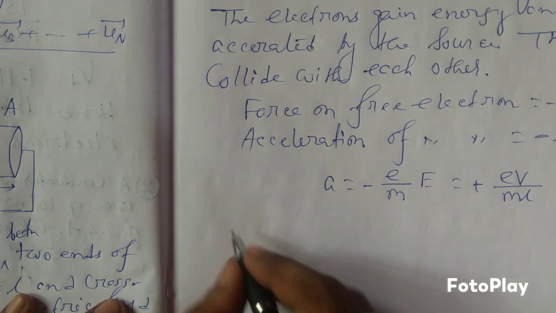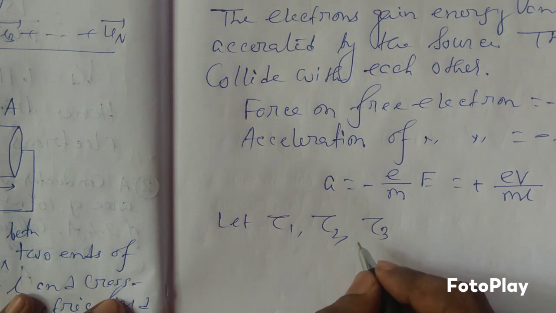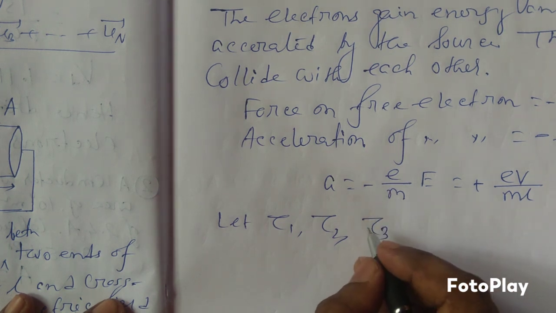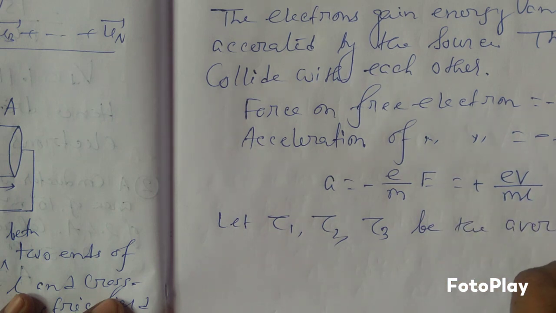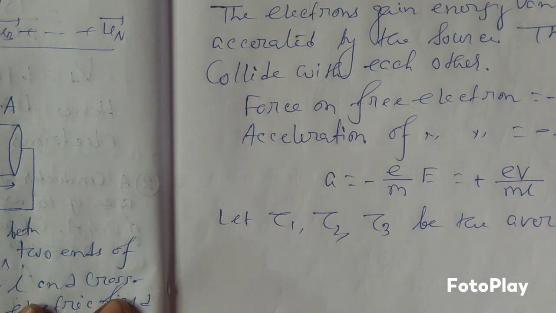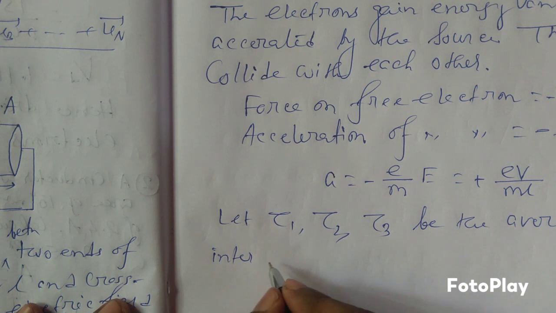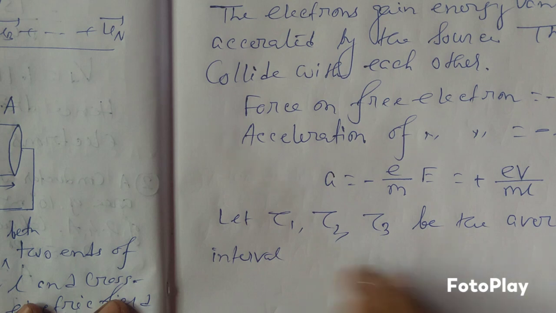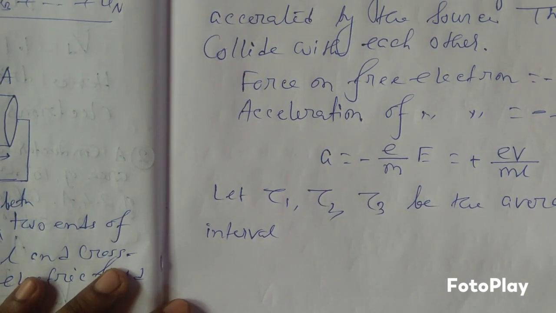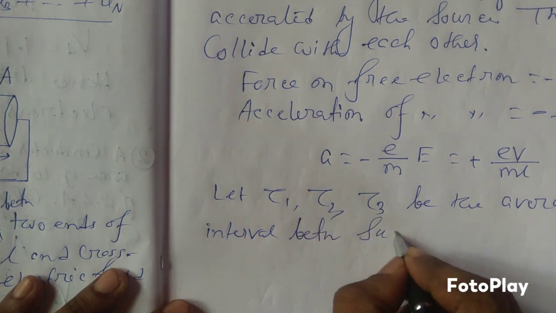So let tau 1, tau 2, tau 3 be the average time intervals between successive collisions.